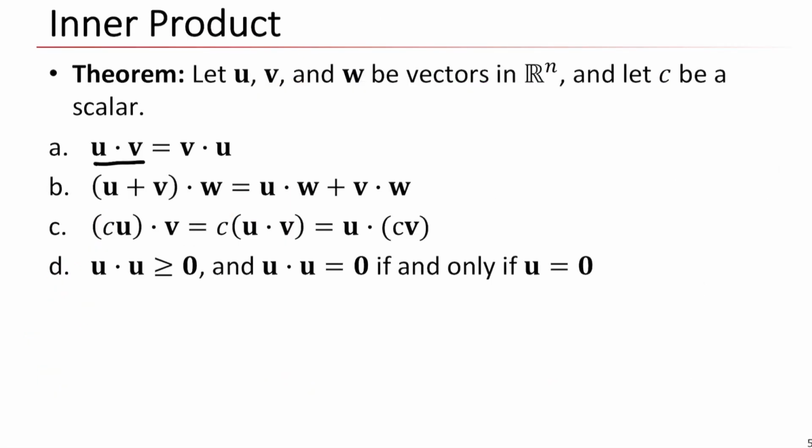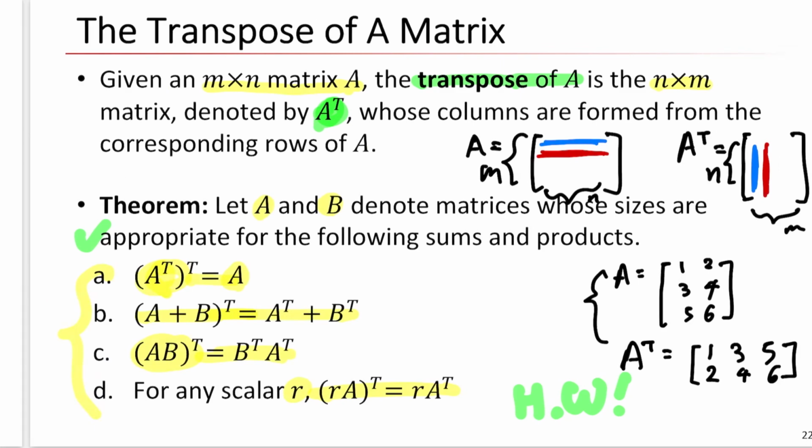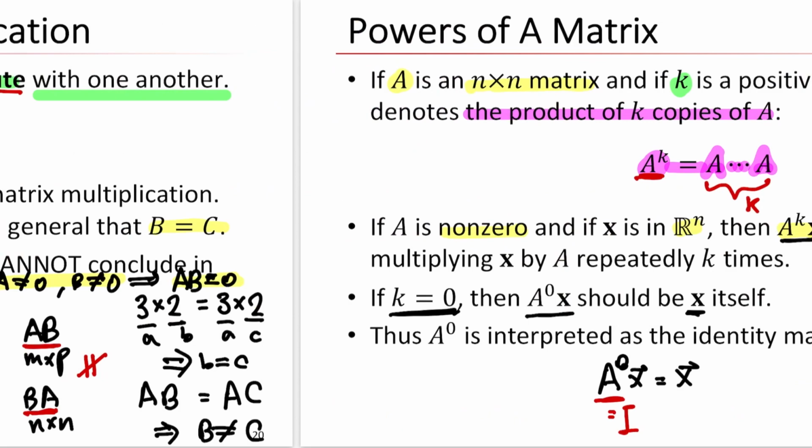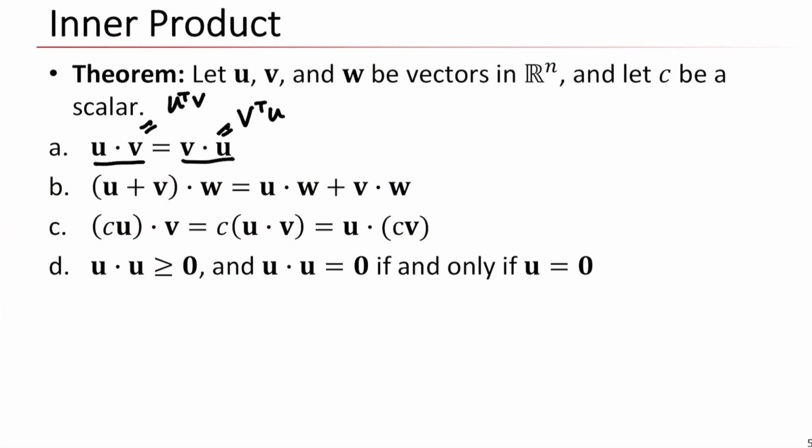Here, this inner product is u transpose v and v transpose u. Then it means that we can use these properties of the matrix transpose and matrix multiplication.